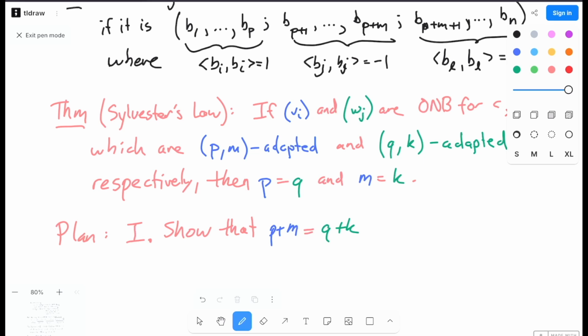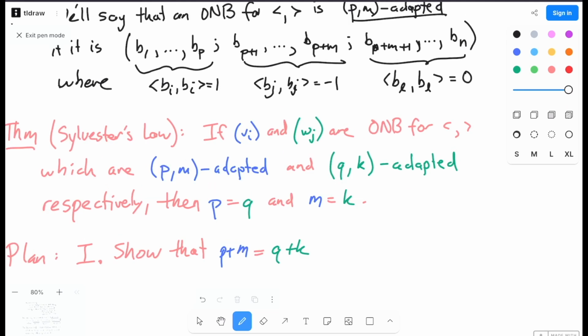In other words, this last piece has the same length for both of these bases, right? So there are as many linearly independent self-orthogonal vectors in both these bases.